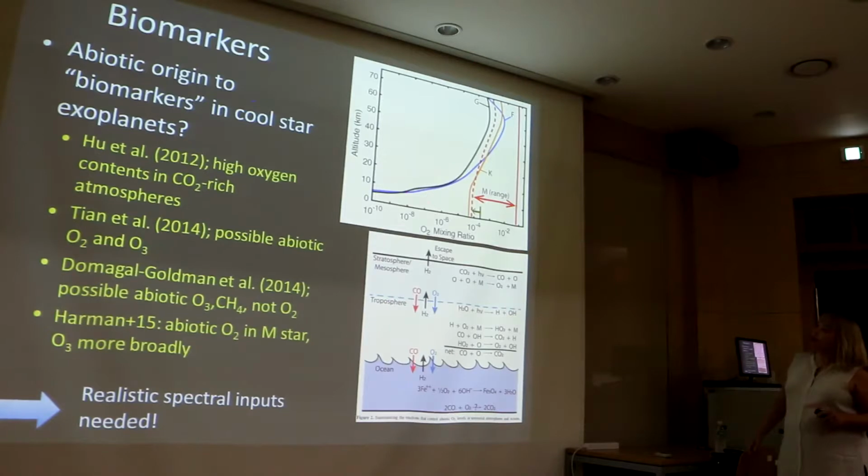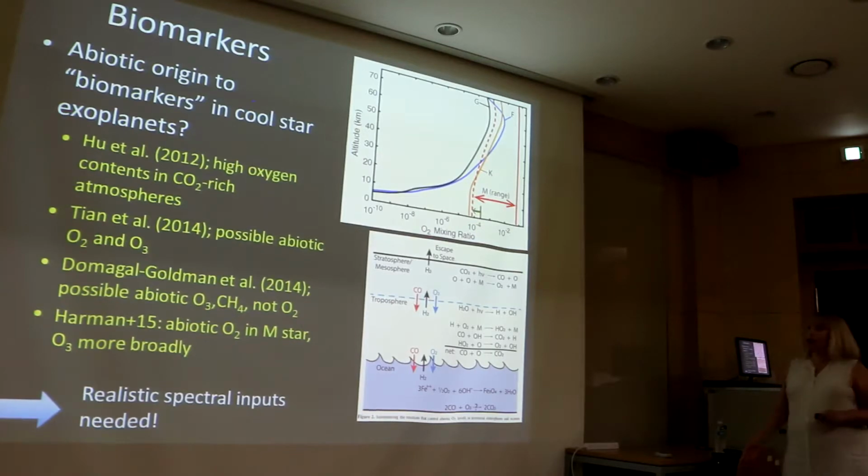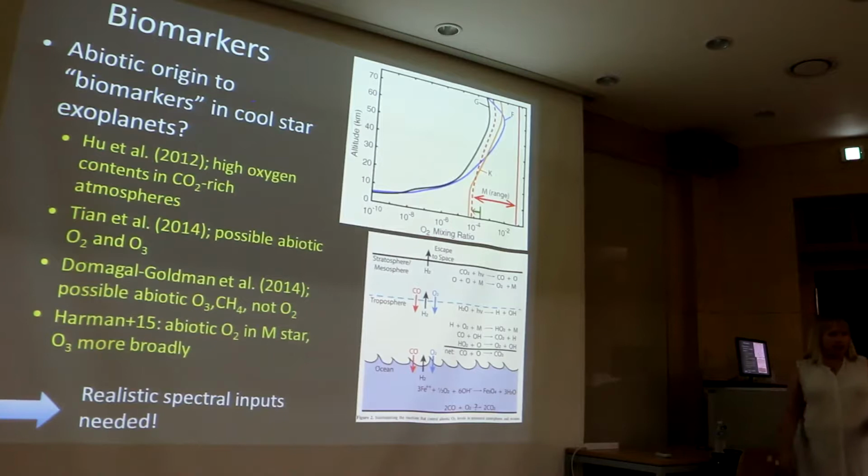And so that's what this plot is trying to show you: as you're going up in the planet's atmosphere, how much O2 are you seeing. So this is for a G and an F star, and then this is for an M star for different model inputs. And what it's showing is that you can have much more O2 even without life around a cool star. This is not easy to understand.